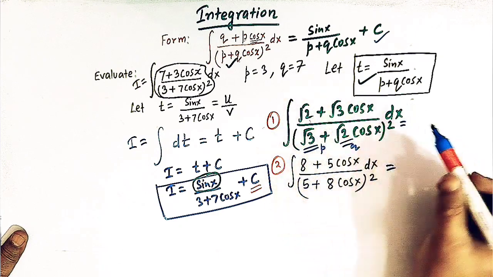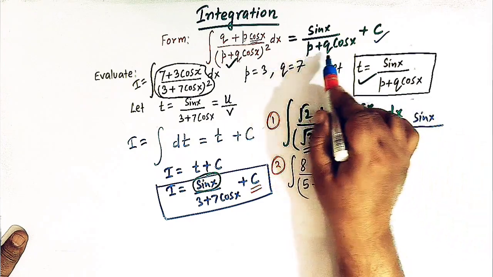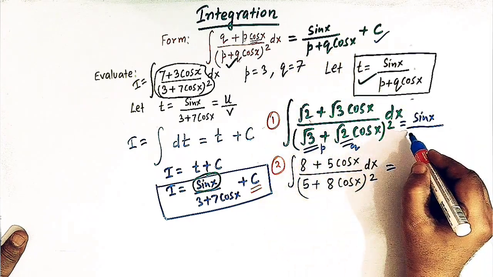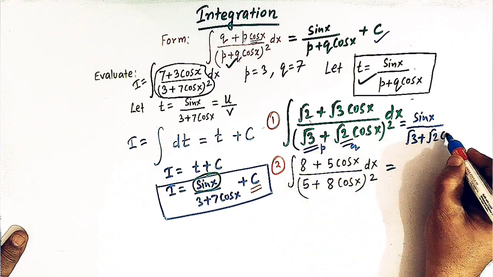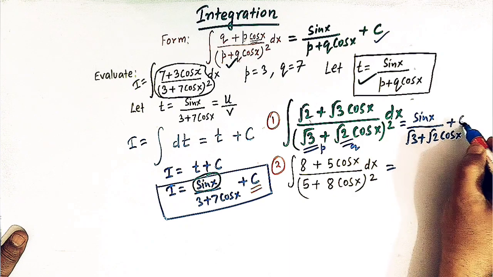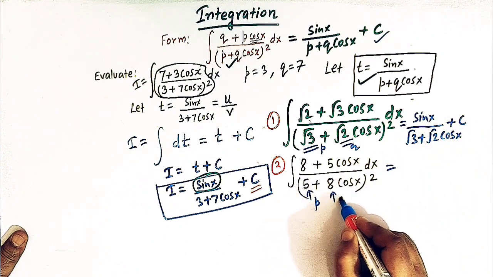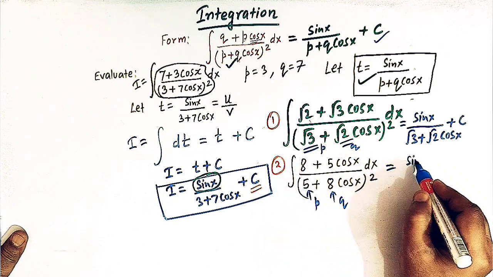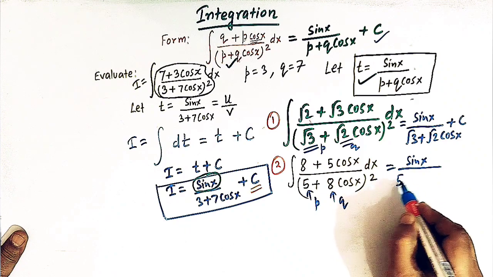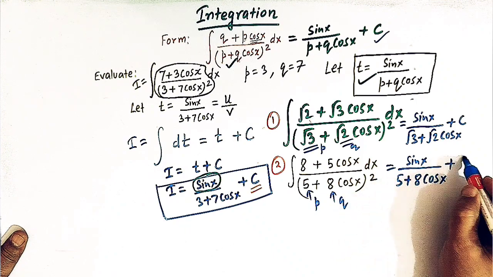So the value of this integral is sin x divided by (p plus q cos x), where p is the square root of 3 and q is root 2, so sin x over (root 3 plus root 2 cos x) plus c. And in this case, the value of p is 5 and the value of q is 8. So the direct value of this integral is sin x over (5 plus 8 cos x) plus c.